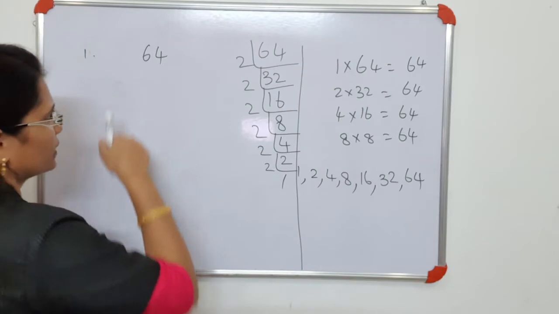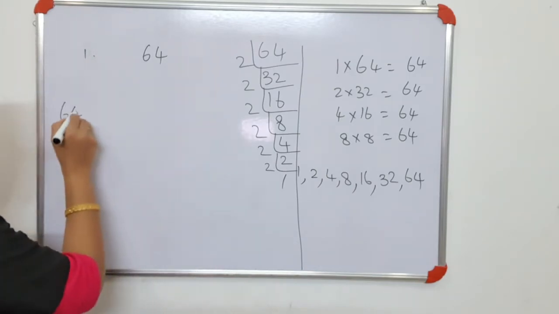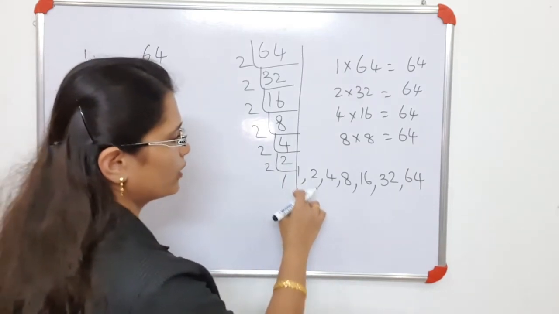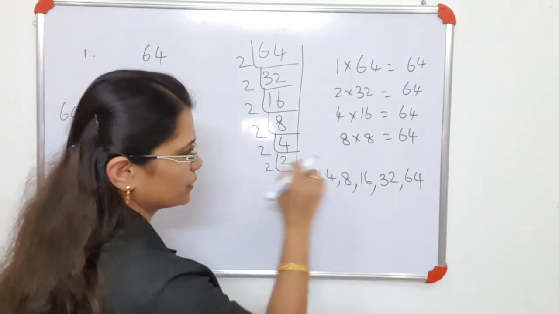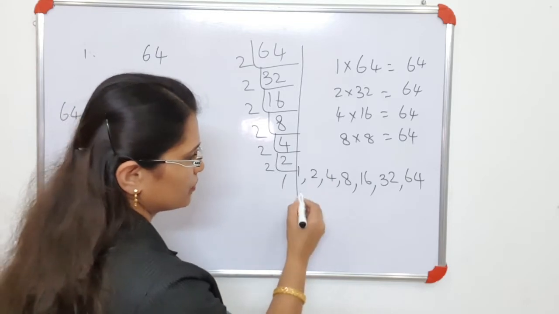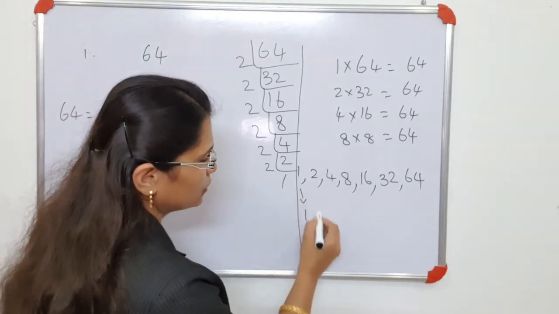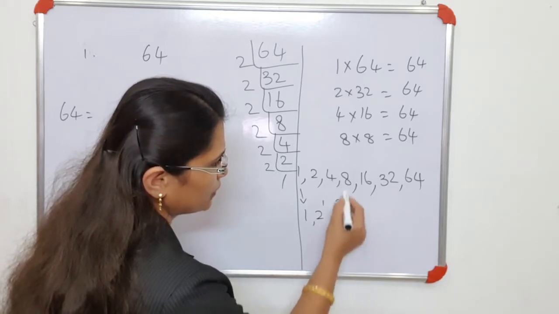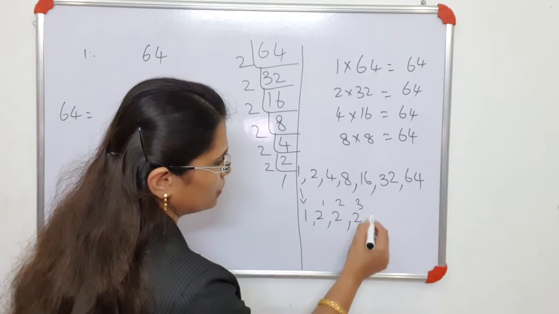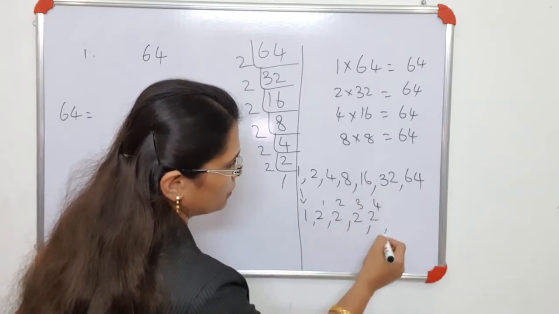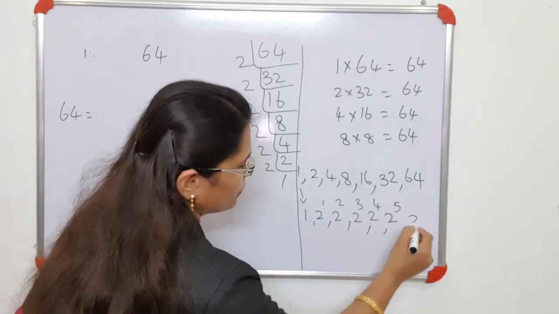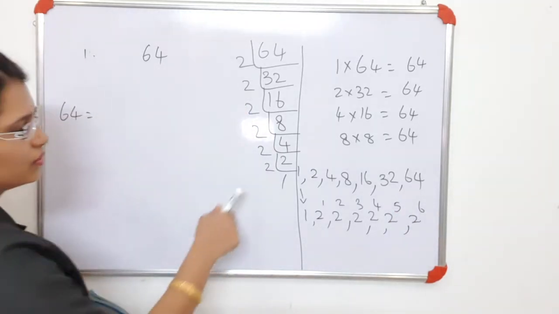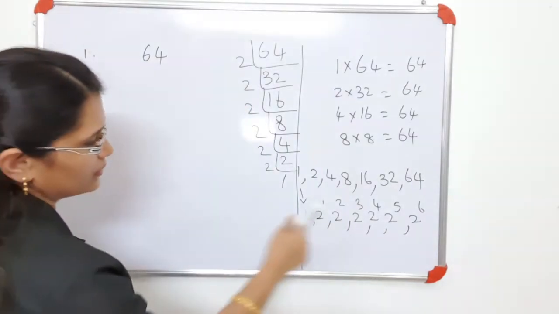So how can you write here? 64 is equal to, with the help of powers, 1 only, 2 raised to 1, 4 means 2 square, 2 cube, 2 raised to 4, 2 raised to 5 and 2 raised to 6. Right? So this method also we will get the same.